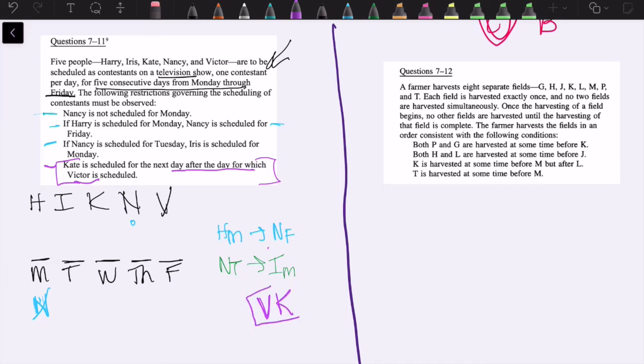So we know that these are a strict pair and they have to go together. So if we were to consider this on our strict diagram right here, where can K not go? Yeah, K can't go first because, why can't K go first? Because there's nowhere for V to go. And then also we would know that V cannot go last.